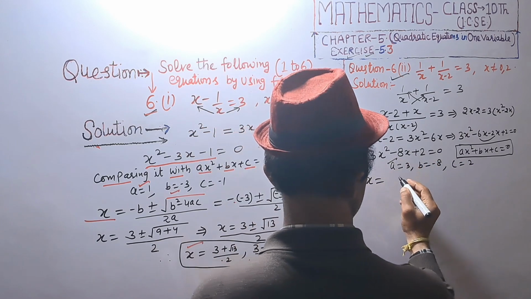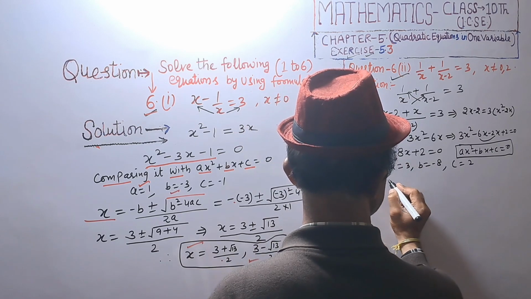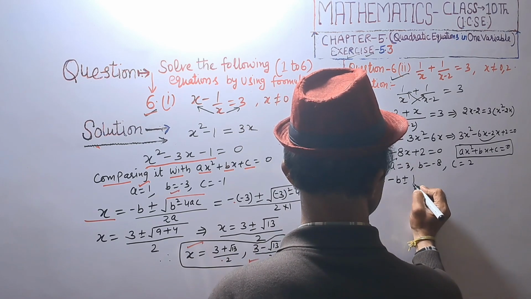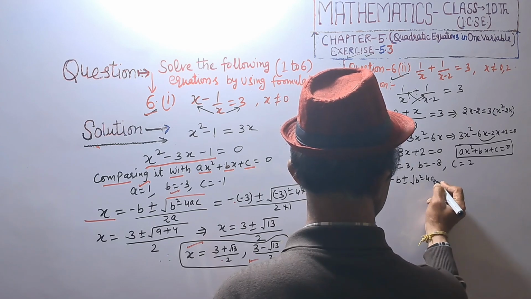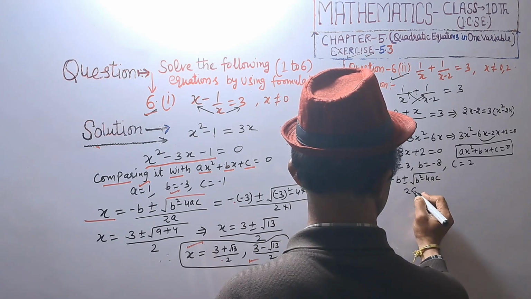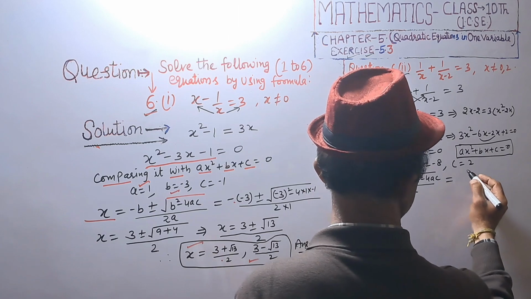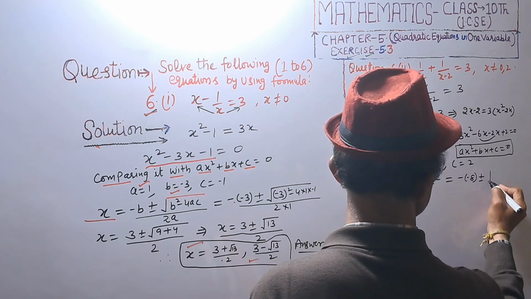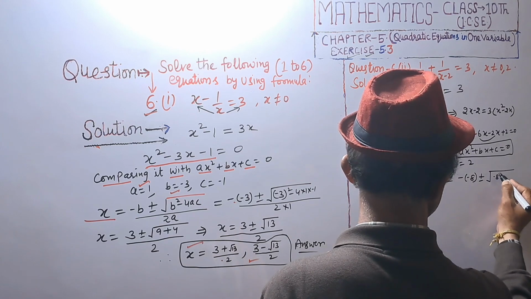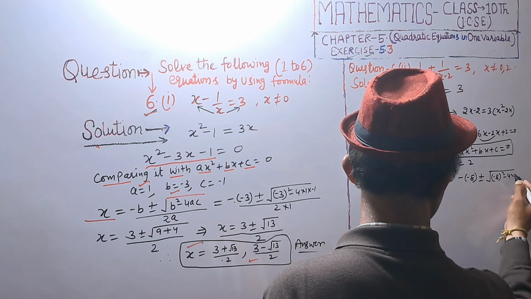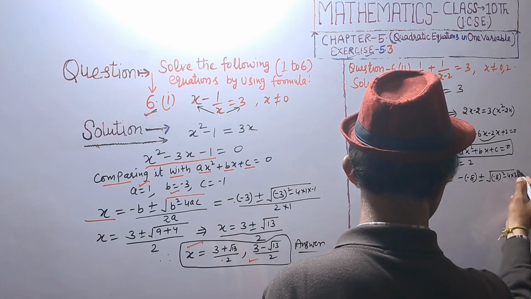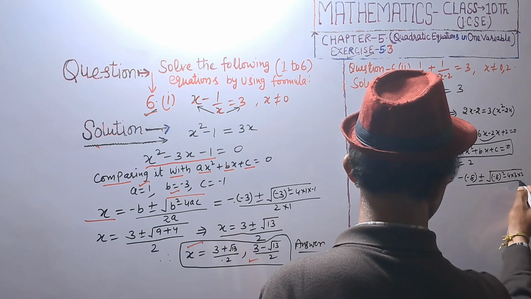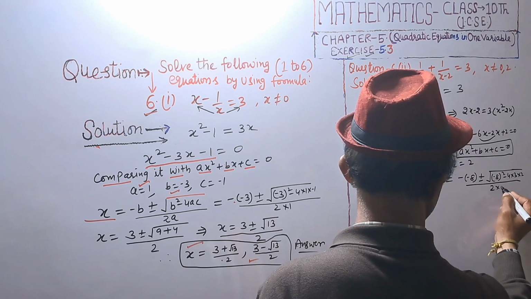So using the quadratic formula, x is equal to minus b plus minus root b square minus 4ac upon 2a is equal to minus b, minus minus 8, plus minus root minus 8 square minus 4 into 3 into 2, divided by 2 into 3.